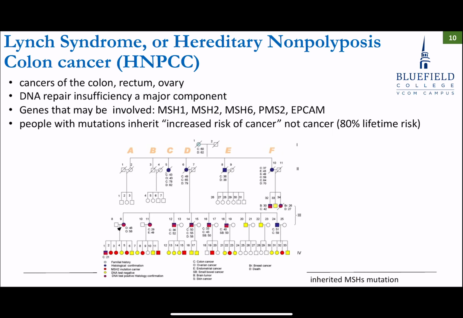Here, there's significant risk increase, so it's 80% risk in lifetime. But in a sense, we're talking about inheritance of the risk rather than the cancer, because there's a 20% chance that the person won't develop cancer even though he or she is a carrier. In which case, again, it would be reduced penetrance.